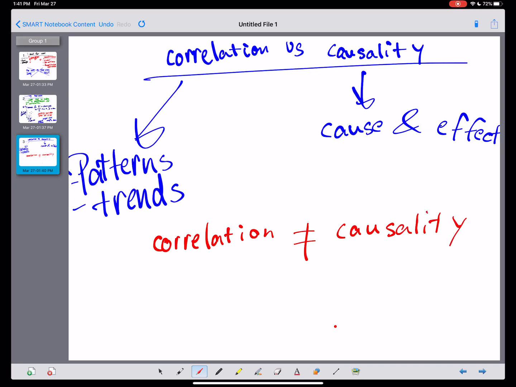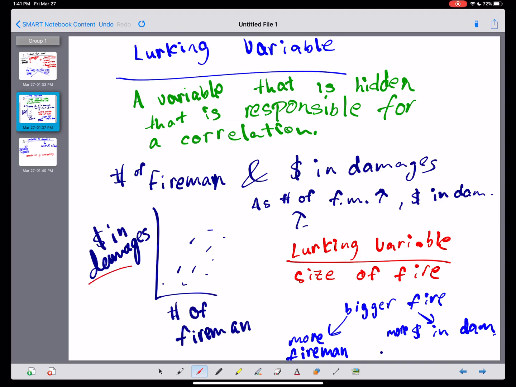If we look at this last example of the damages in fire and the number of firemen, there is a correlation between the two, right? As number of firemen increases, the number in damages also increases. That's a correlation. But does the number of firemen directly influence the dollars in damages? I would say no, not really. It does play a role. What plays a role more is the size of the fire.